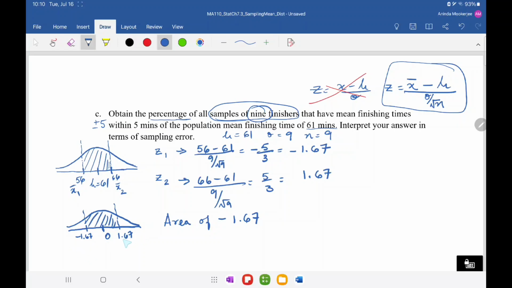So first we can find the area corresponding to 1.67. Remember, I told you that when we have to find area between two z values, start with the area of the higher z value. So area corresponding to 1.67.